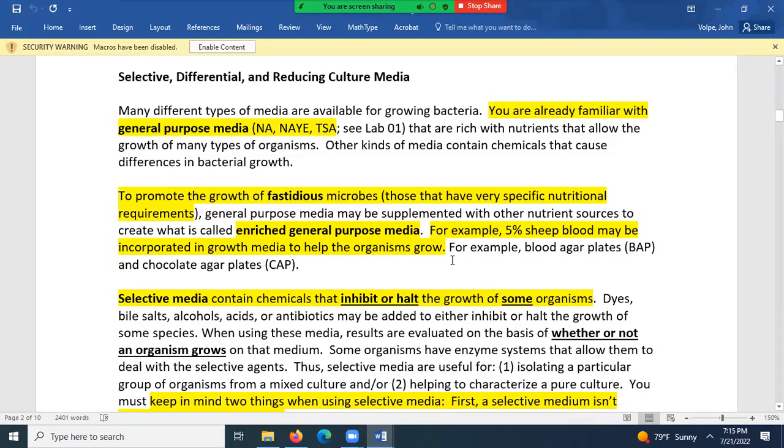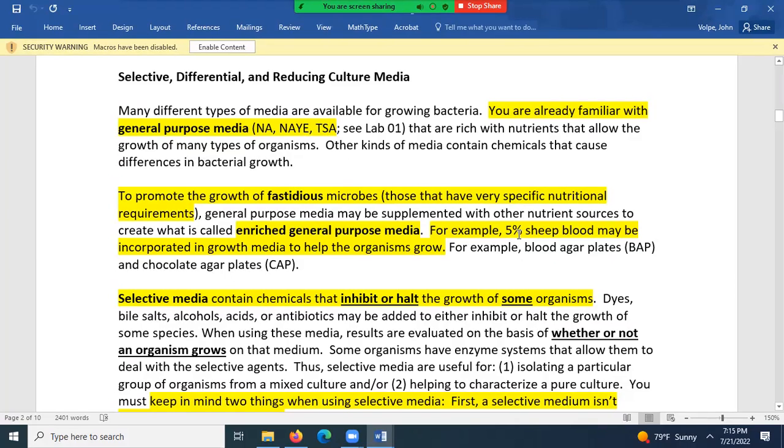For example, Streptococcus pyogenes, which causes strep throat, will not grow on a general purpose media, but it will grow on a blood agar plate. And that's an enriched general purpose media that contains, I don't remember if it's TSA or NA, I think it's TSA, and then 5% sheep's blood.